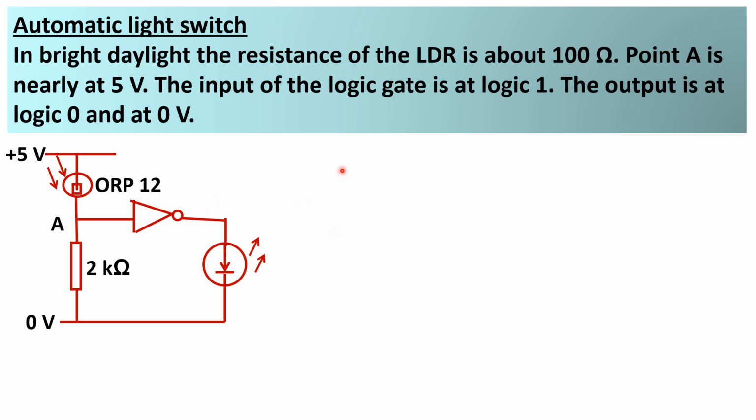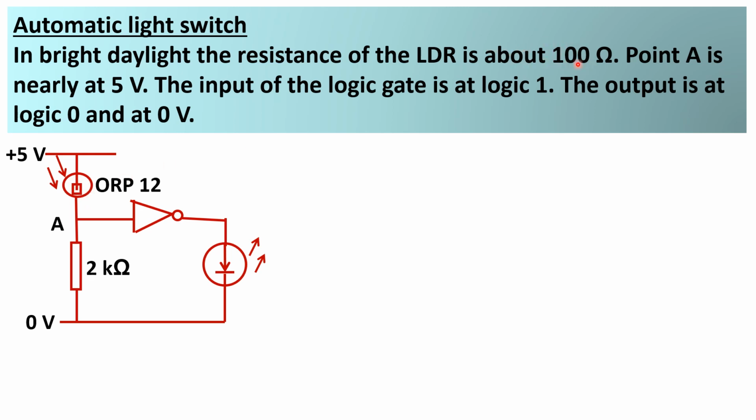As our first example, we have here a circuit diagram for an automatic light switch. In bright daylight, the resistance of the light-dependent resistor or LDR is about 100 ohms. This is the symbol for LDR.